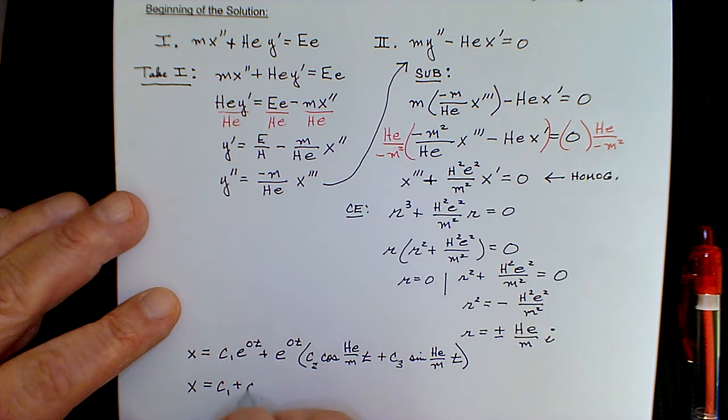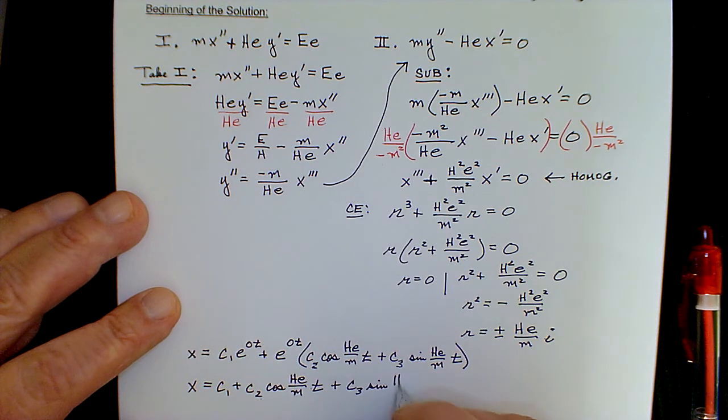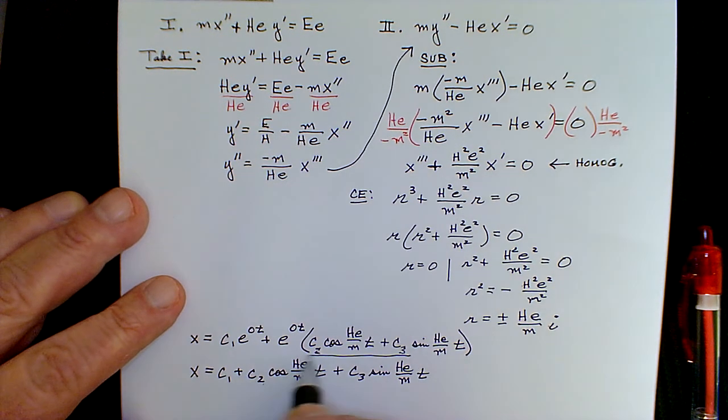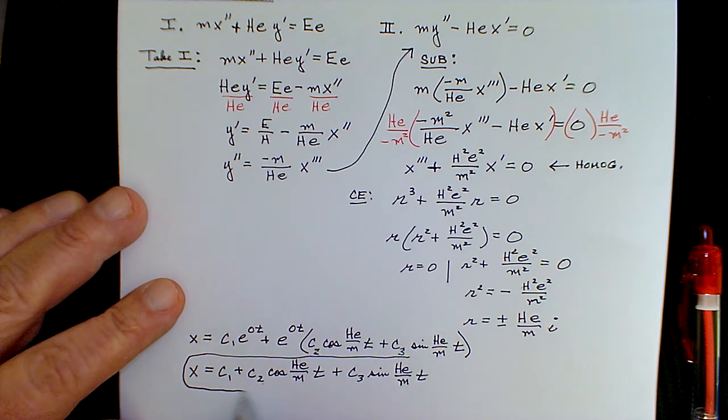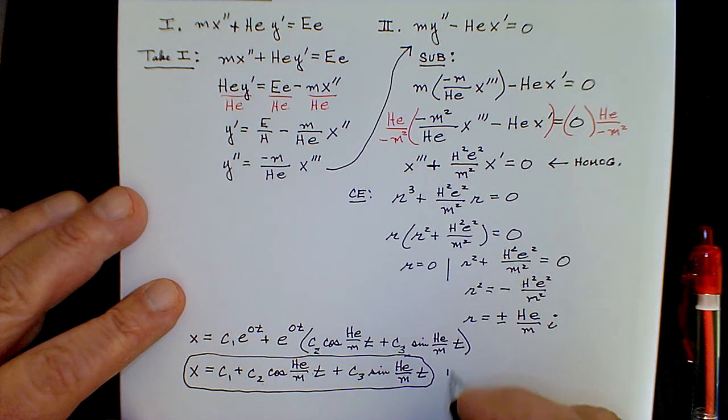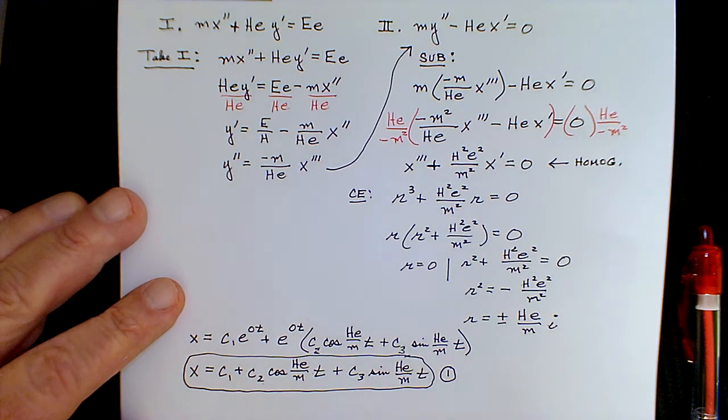So then plus c2 cosine of h e over m times t, and then plus c3 sine of h e over m times t. Okay, and I think that was what I labeled as equation Arabic numeral 1 in the outline of the solution.